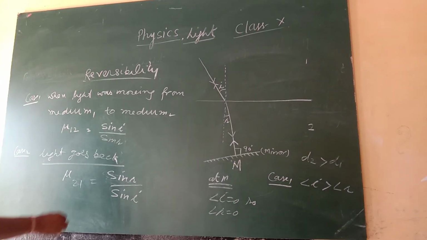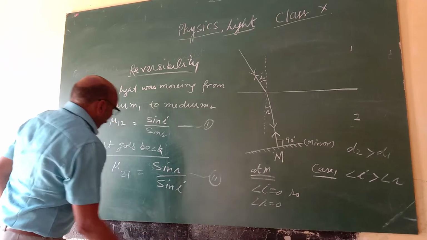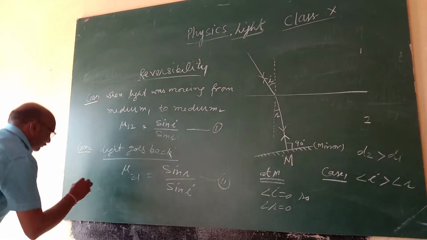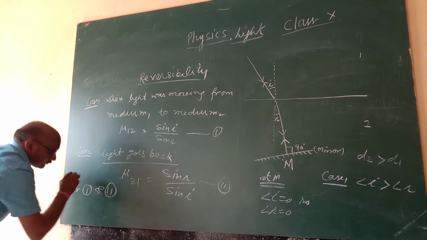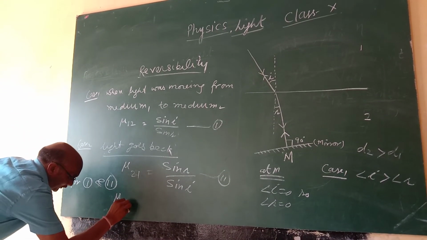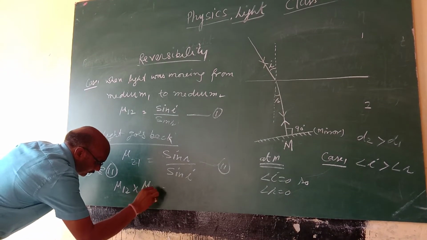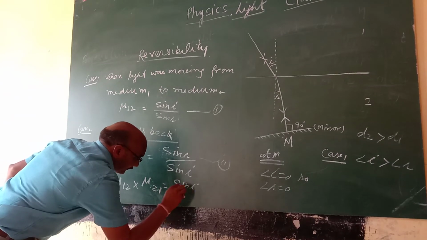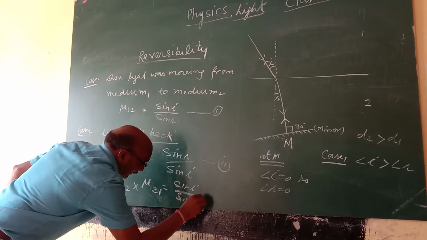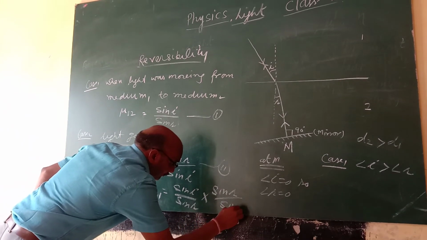On multiplying both, this is number 1 and this is number 2. From 1 and 2, mu 1 2 multiplied by mu 2 1 equals sin i upon sin r multiplied by sin r upon sin i.